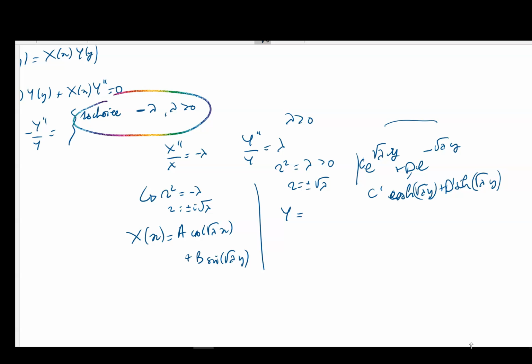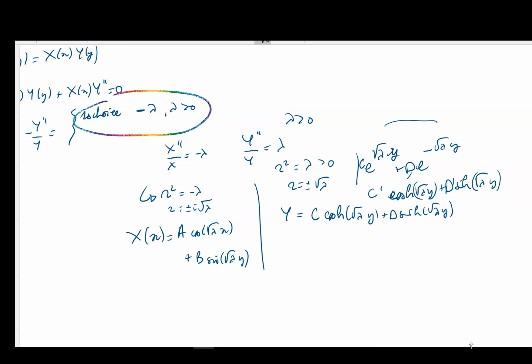But this is really just a rewriting, okay? I can recombine my exponentials in order to create cosh and sinh. So let's say that my y is going to be written as c cosh of square root of lambda y plus d sinh of square root of lambda times y.